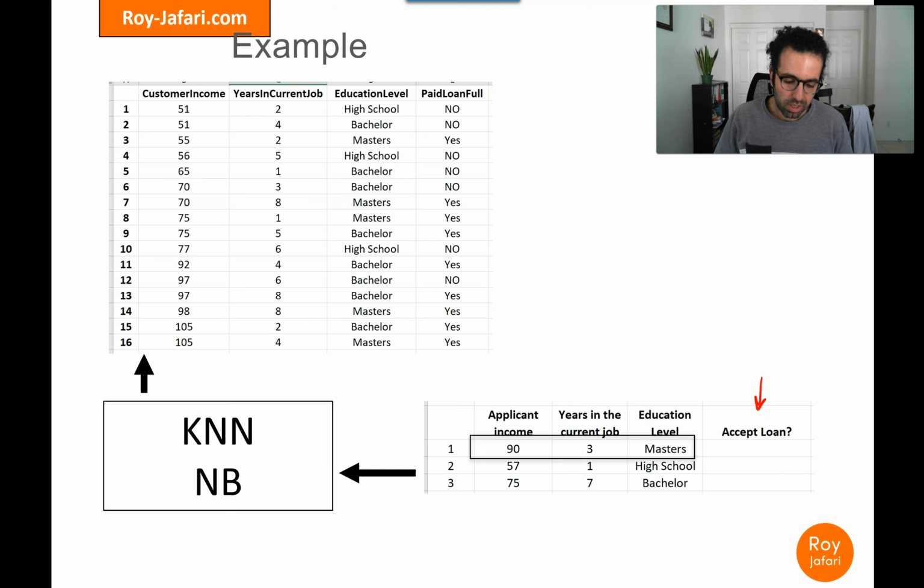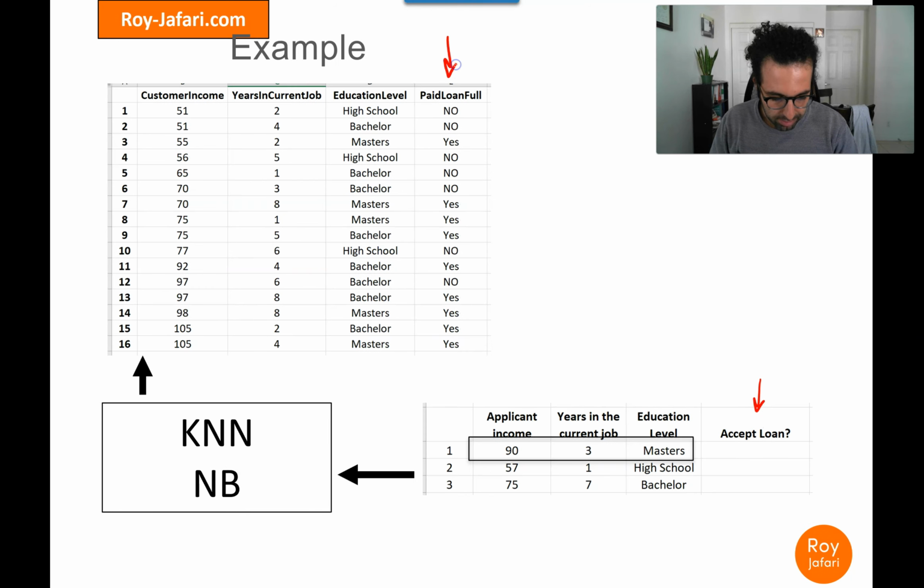We look at the customer income, their years in current job and their education level, and based on these three attributes we want to see if the customer is going to pay their loan in full or not. So this is the class label in this example.